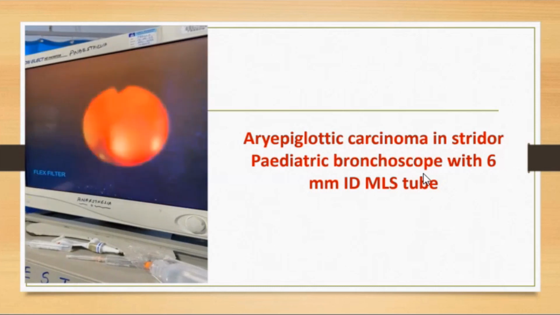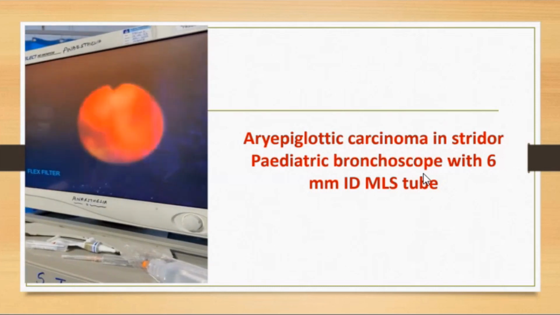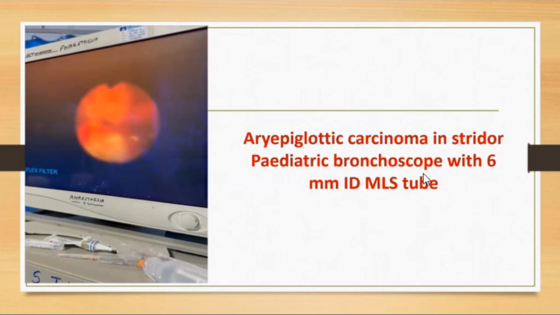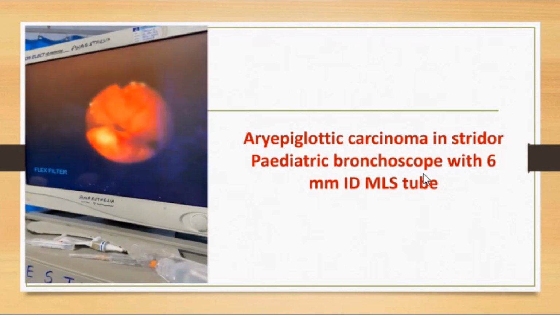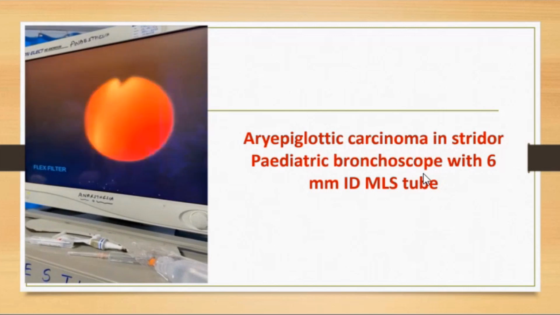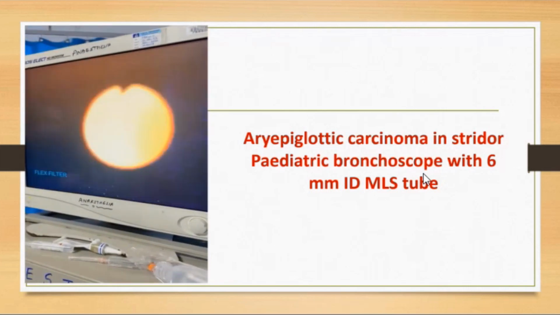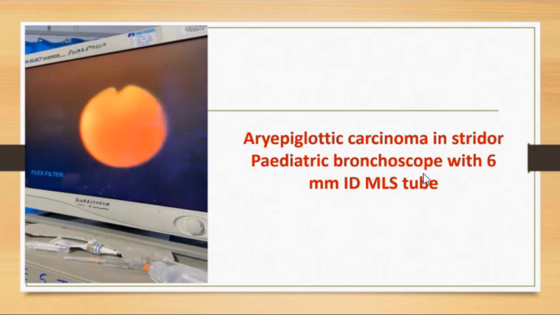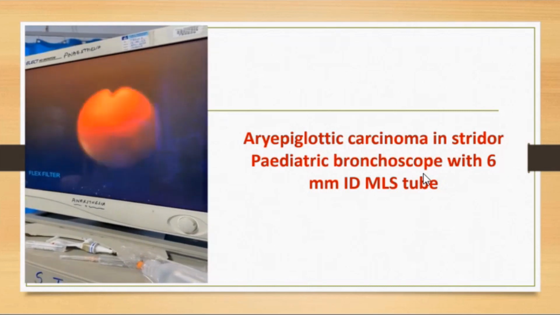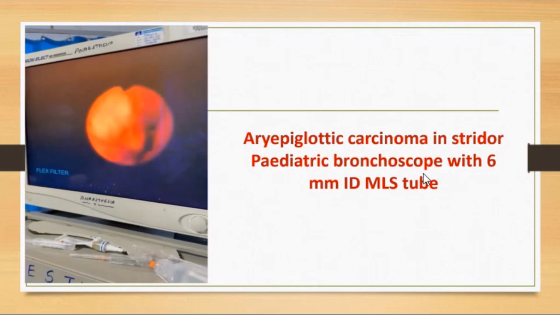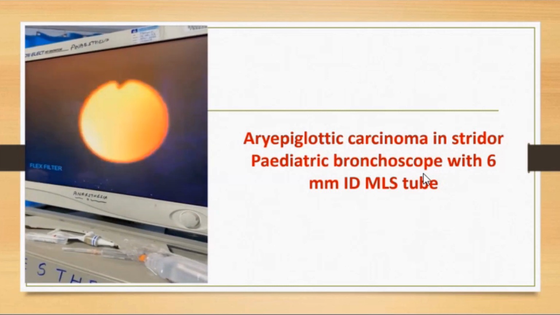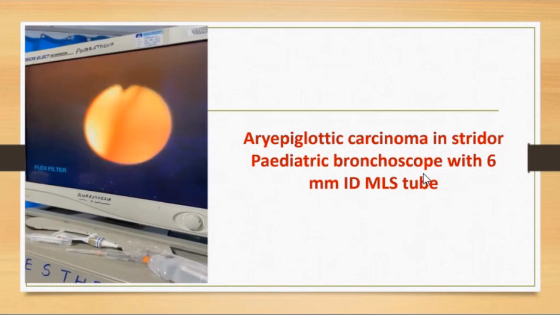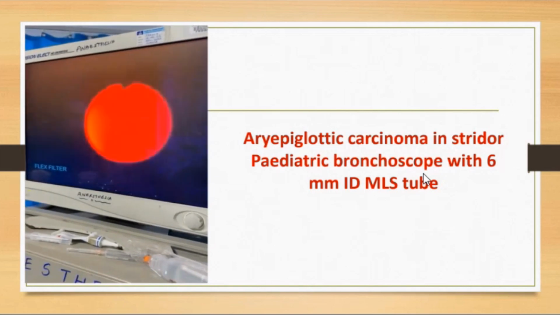This mass is in the oropharynx and nasopharynx. We try to negotiate through the mass. We followed the shadows as well as the air bubbles till we reached the glottis. The vocal cords.